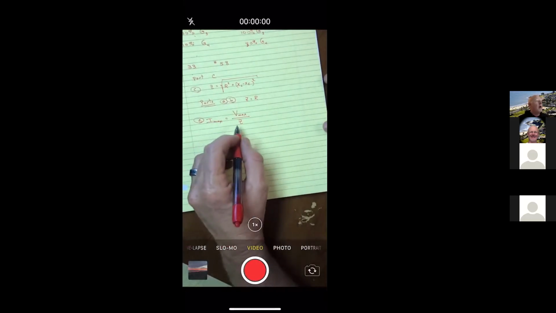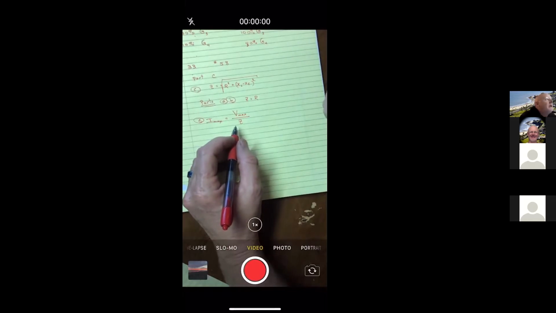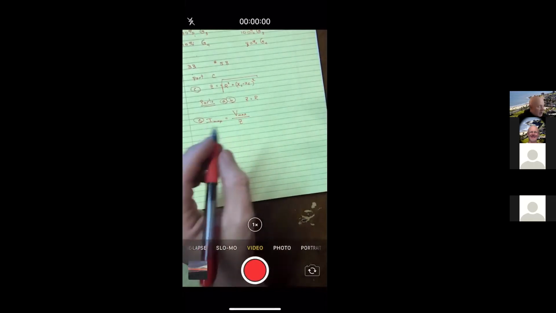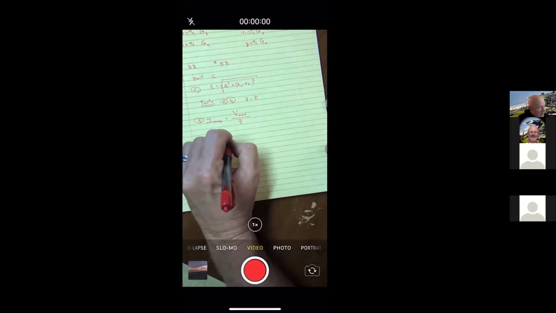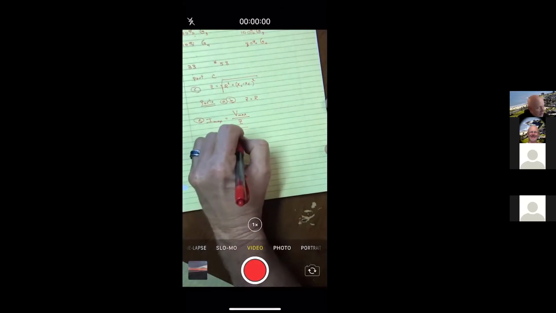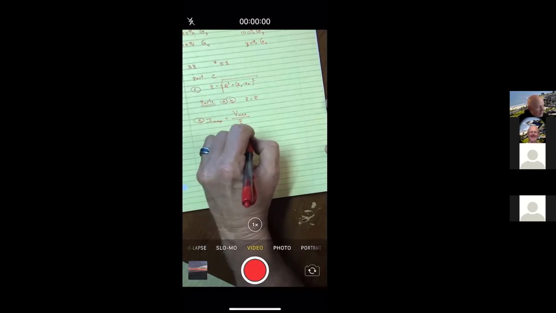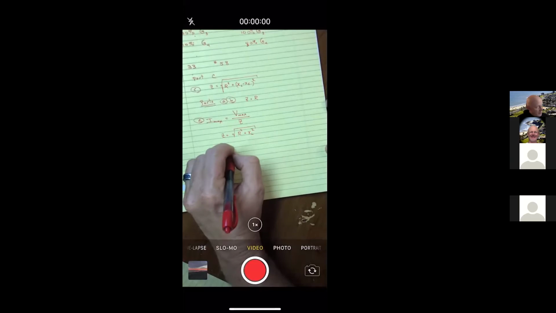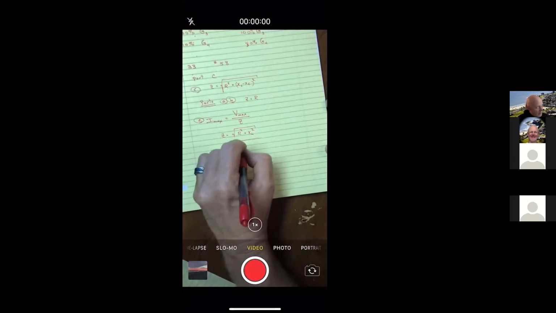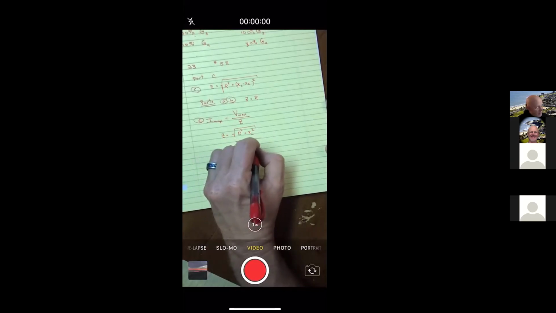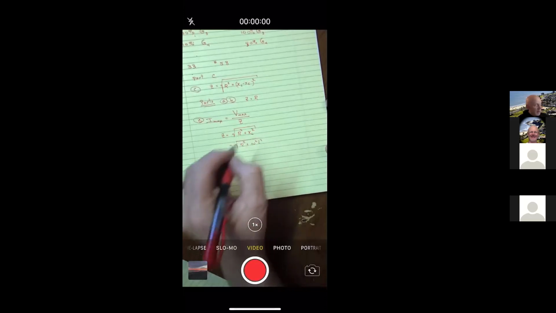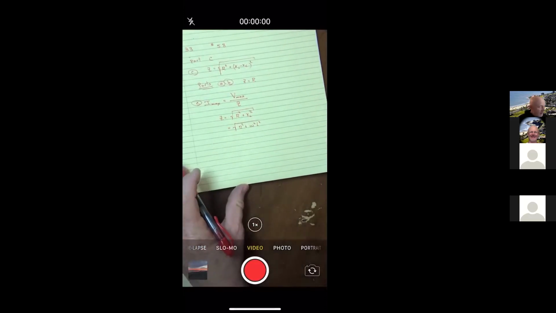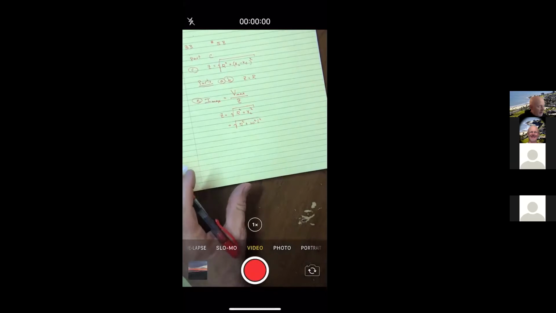So Z, the impedance, would be the square root of R squared plus X_L squared, which is R squared plus omega squared L squared. Okay, that's right where I was getting confused.